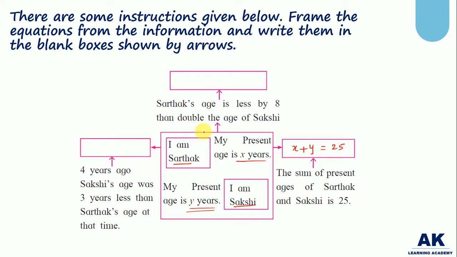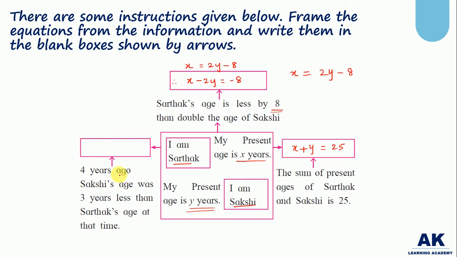Double the age of Sakshi, whose age is Y, is 2y, and it is less by 8, so 2y minus 8. Sarthak's age is X, therefore X is equal to 2y minus 8. When we rearrange this equation, we are left with X minus 2y is equal to minus 8.